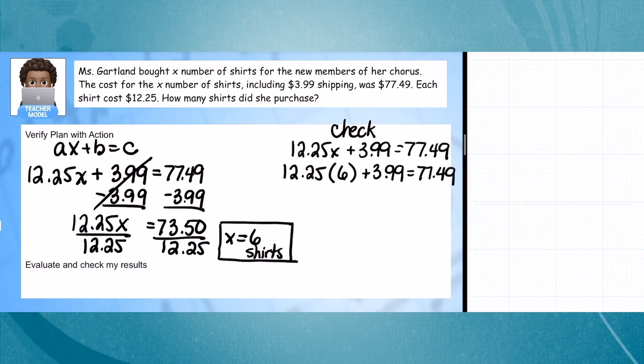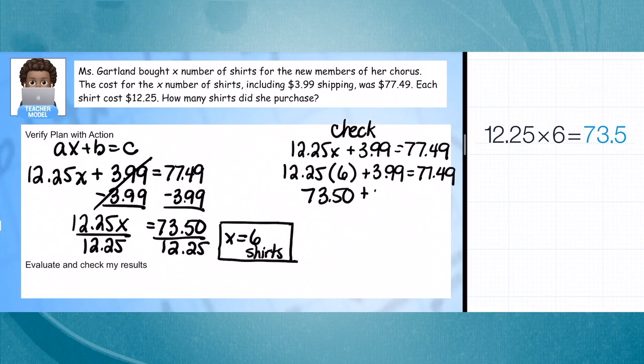Perfect. So we're going to start by multiplying first. 12.25 times 6 is $73.50. And notice how even when I use a calculator, I capture my work. Plus $3.99 equals $77.49.